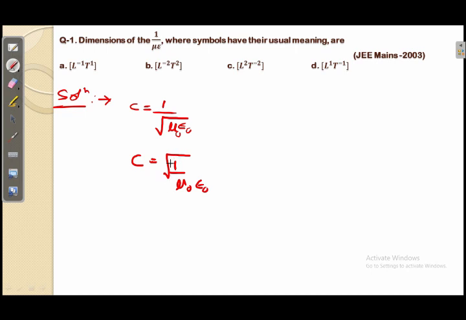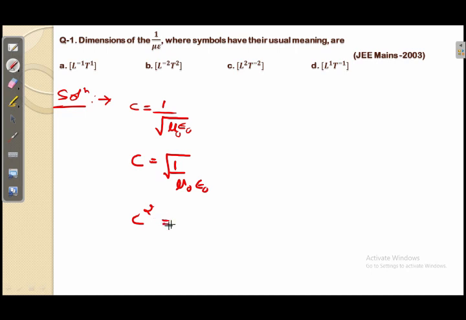Take this square root to the LHS, so that becomes c raised to 1 by 2, sorry, c square. Whenever the square root transfers to the other side, it becomes square.